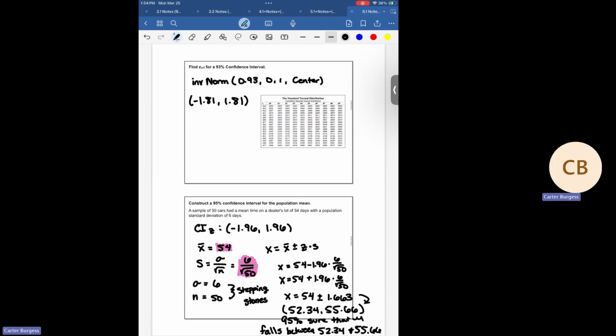Again, hopefully very reminiscent of what we did in unit 5. Just using inverse norm to get the z-scores and then converting the z-scores into x values, with the only adjustment being that the standard deviation is sigma divided by the square root of n. Very familiar.